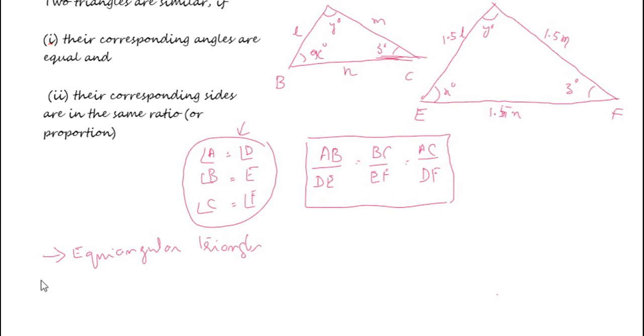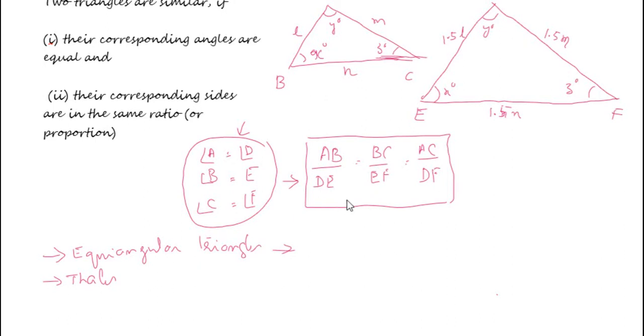Now, a Greek mathematician, his name is Thales, he showed that if two triangles are equiangular, then the ratio of the sides is the same.